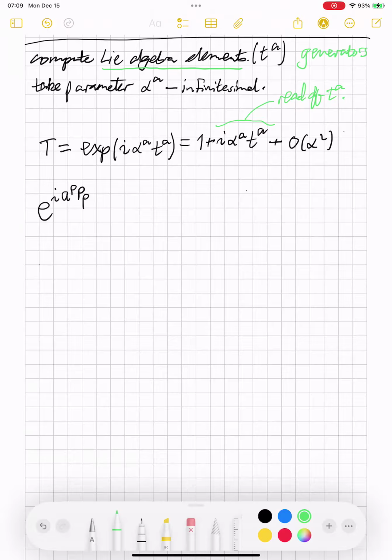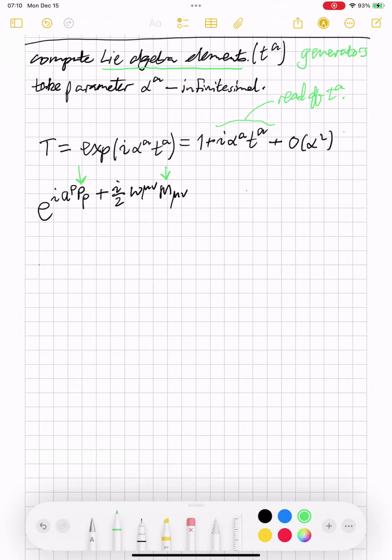In this formula over here, I've called them T_A. And in this formula, P_rho is one of my generators. And then I've also got plus i over 2 omega^{mu nu} M_{mu nu}. So our other generator is the M_{mu nu}.